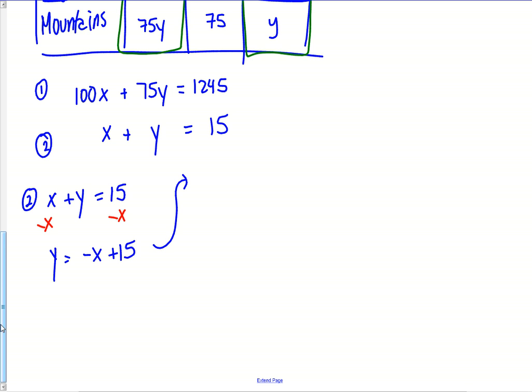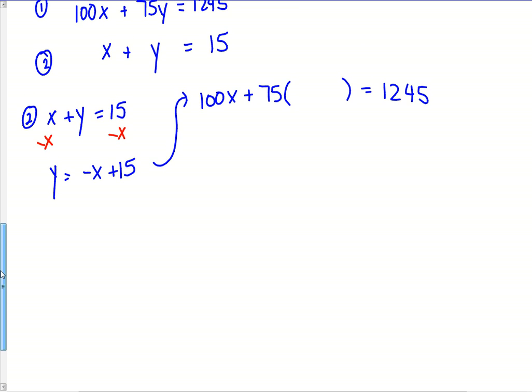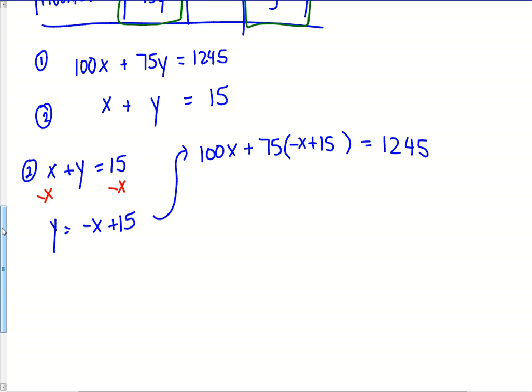And now we're going to sub that where? Into the other equation. So wherever we see y in the other equation, we're now going to put negative x plus 15, right? So now that we have y equals, I replace the y for what y equals.